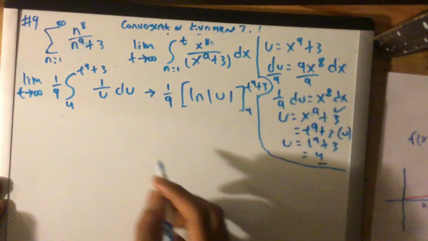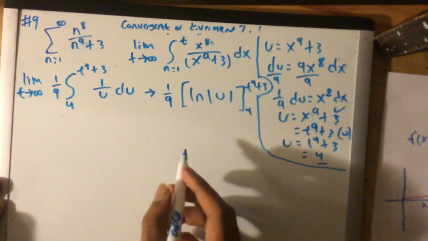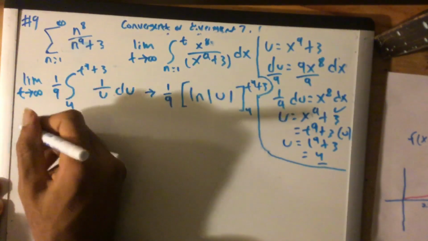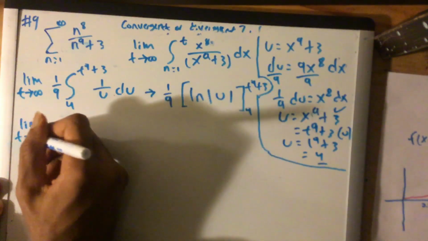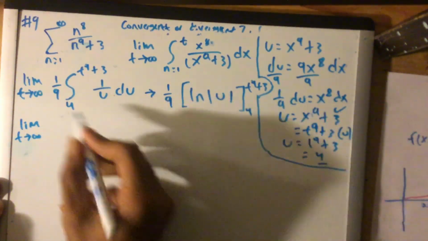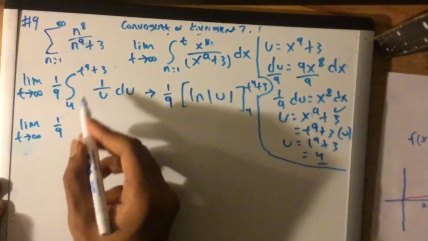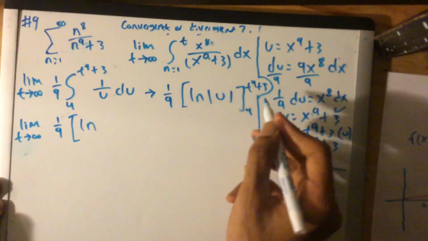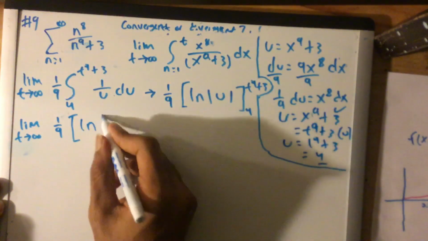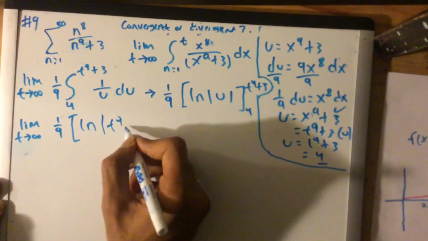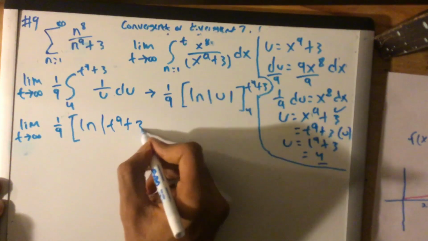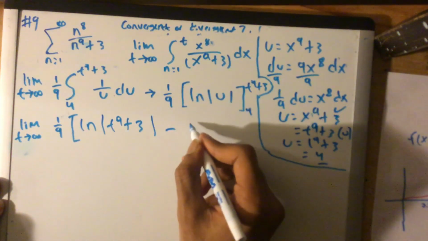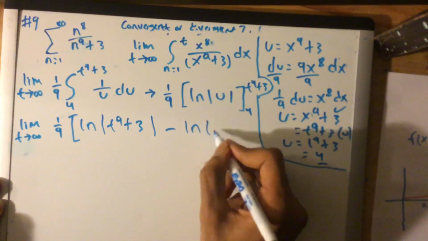Let's distribute the bounds over here. It's 1 over 9 times the limit as t approaches infinity of ln of t to the power of 9 plus 3 minus ln of 4.